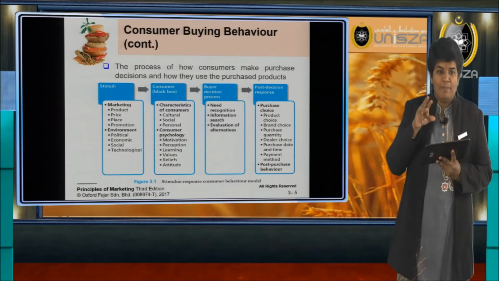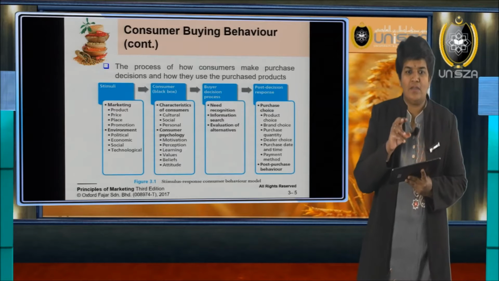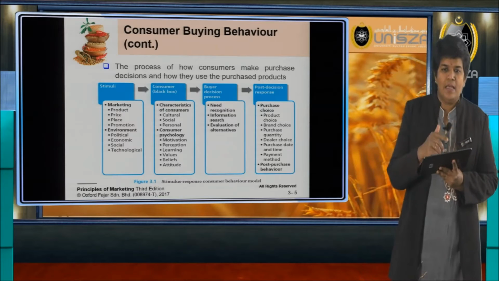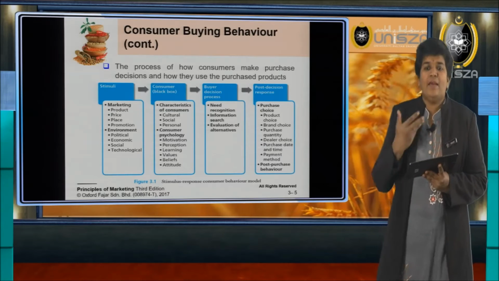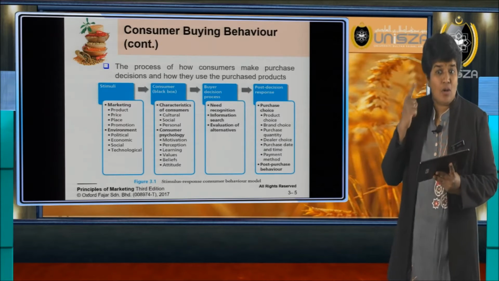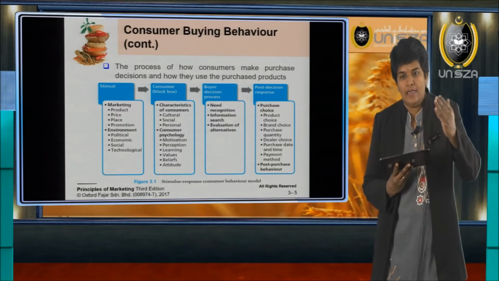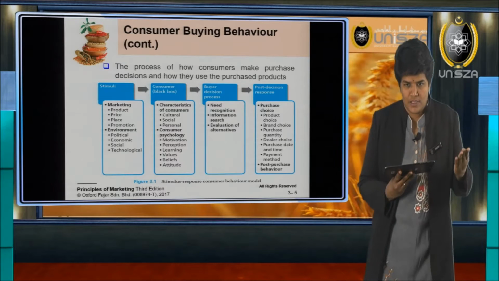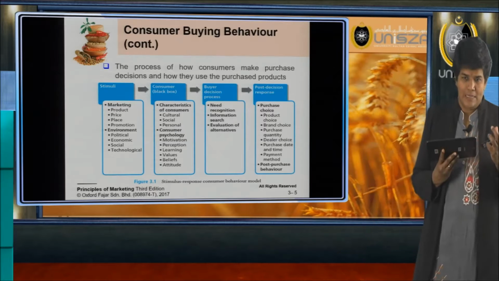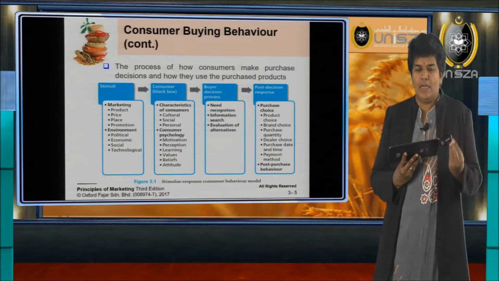The consumer black box actually refers to the characteristics of the consumer, influenced by culture, social background and their personality, and also by consumer psychology. Consumer psychology covers motivation, their perception of certain things, their learning, the values, the beliefs, and the attitude they have towards certain products and services.